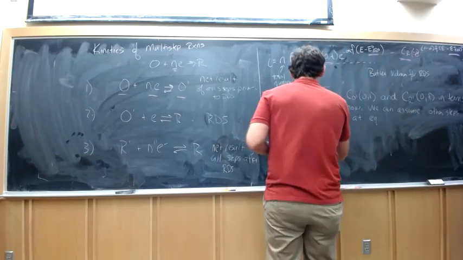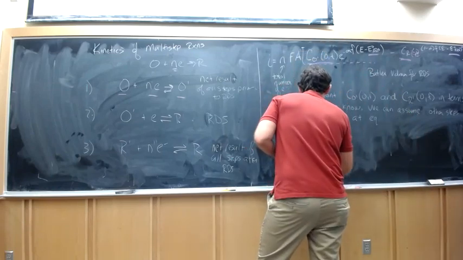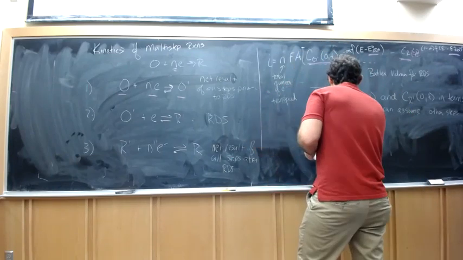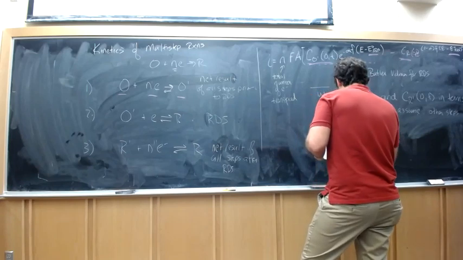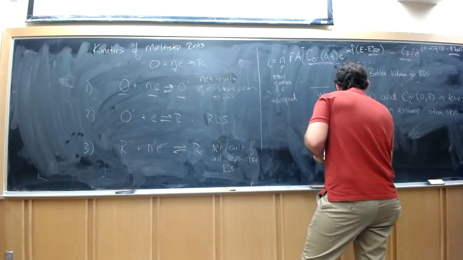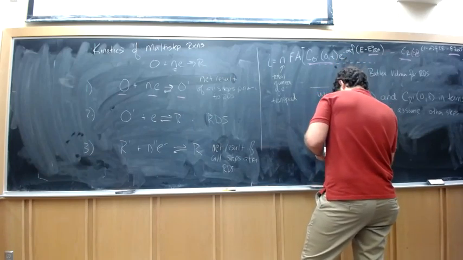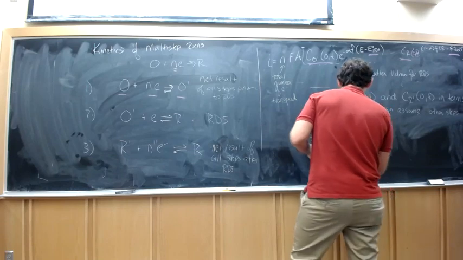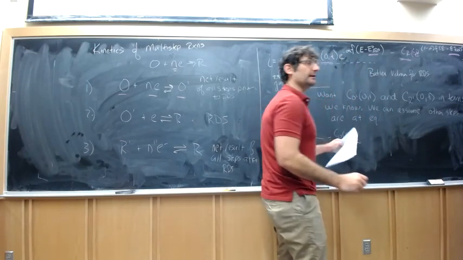And so what you get is this equation, I over I naught equals CO 0t over CO star. Now these are O. These are not the intermediate concentrations.